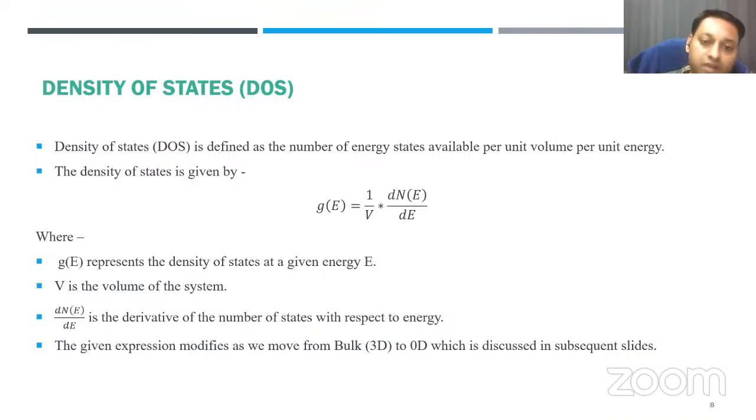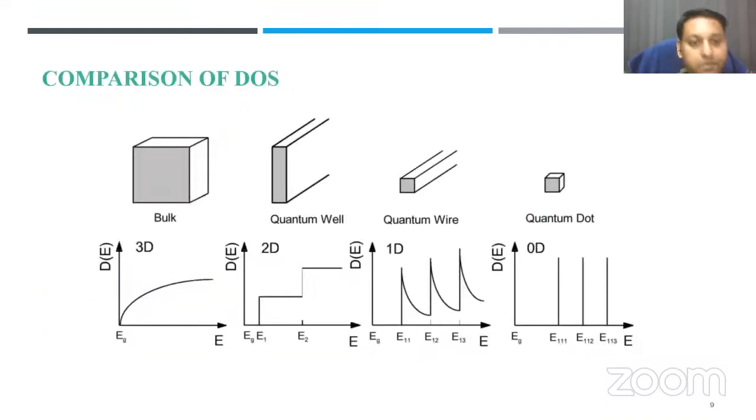Those electrons will be occupying, and then divided by the volume, that will give you the density of states. Now g(E) here represents the density of states at a given energy E, and the rest of the parameters I have already discussed.